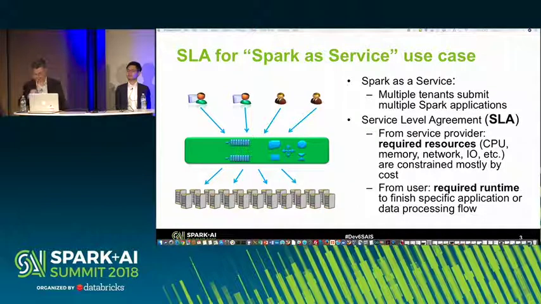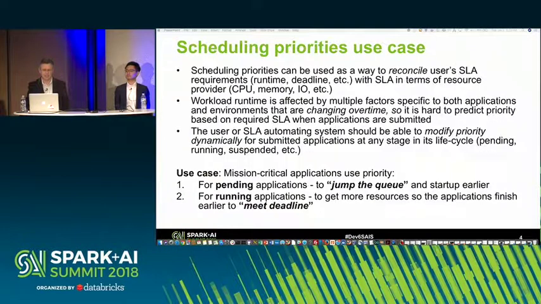And by application, I mean not only one application, but a processing flow pipeline. In this case, what we think is that scheduling priorities can be a way to reconcile the users' service level agreement with the one used by providers.